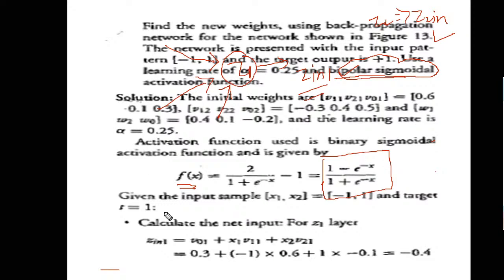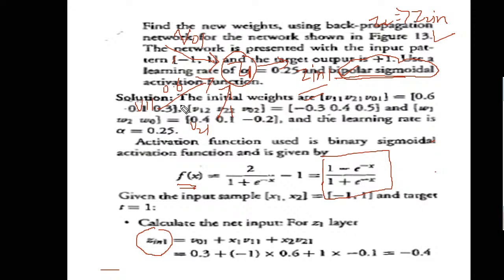So first we will calculate z_in1. z_in1 is calculated as the total net input coming there, multiplied by the weights. Here there is one bias v01, then v11 and v21. The weight of v21 is 1 and the weight of v11 is 0.6, and the bias input is 1 only.